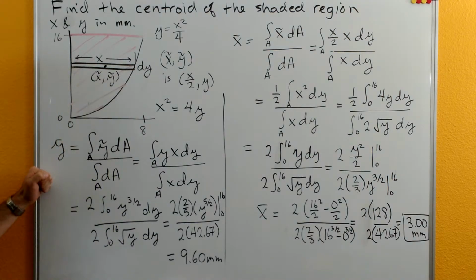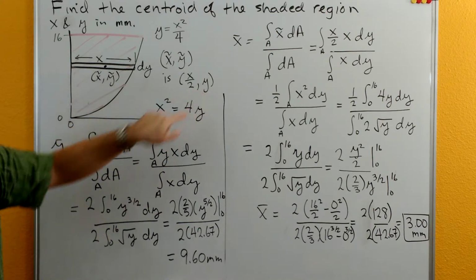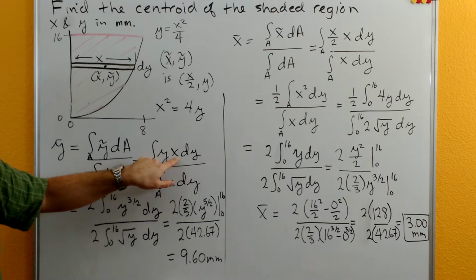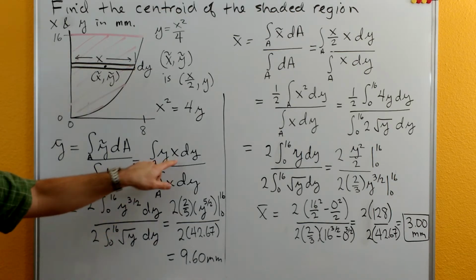Over here for our y centroid, it's the same equation, just with the integral of y tilde dA. So again, now when we substitute this in, we have just y times the differential area x times dy. We still need to get rid of either x or y, so I've chosen to get rid of x.